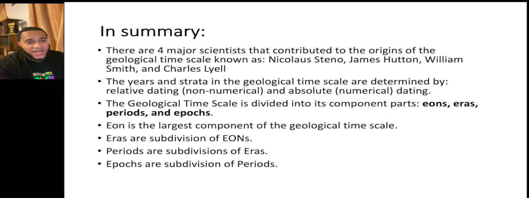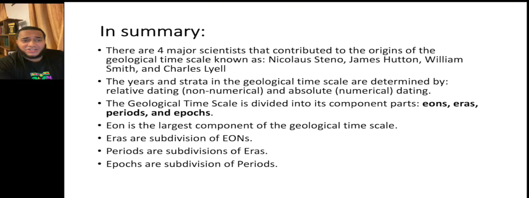The years and strata in the geological timescale are determined by relative dating, which is non-numerical, and absolute dating, which is numerical.